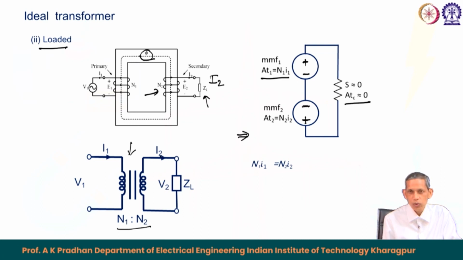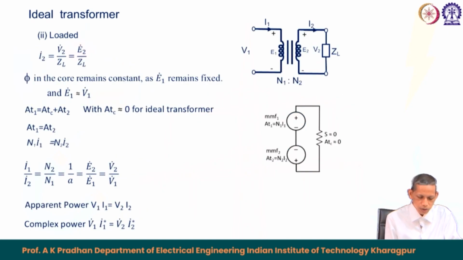So, the ampere turn in the core becomes equal to 0, because ampere turn in the core equals S into phi. This results in the corresponding equivalent magnetic circuit to be like this, and from this we conclude that N 1 I 1 equals N 2 I 2. The instantaneous ampere turn provided by the primary equals the instantaneous ampere turn in the secondary.